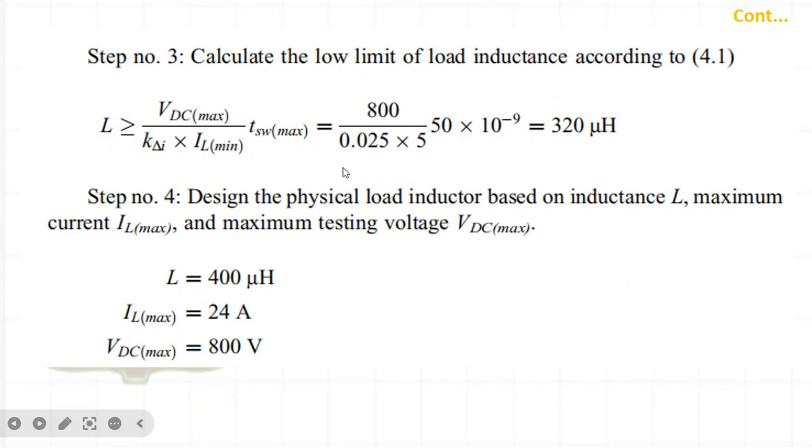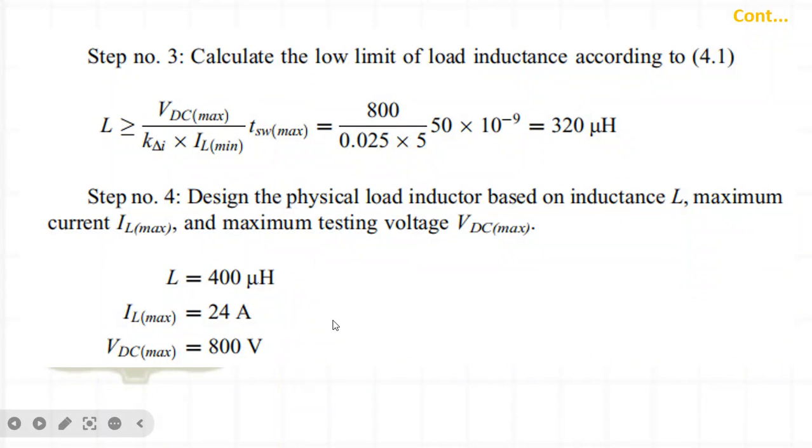Let me clearly say once what we have done. When we design the value of L, we take VDC maximum and IL minimum. But once we get the value of L, we choose the practical inductor, purchasing one with the maximum inductor current IL maximum and VDC maximum.